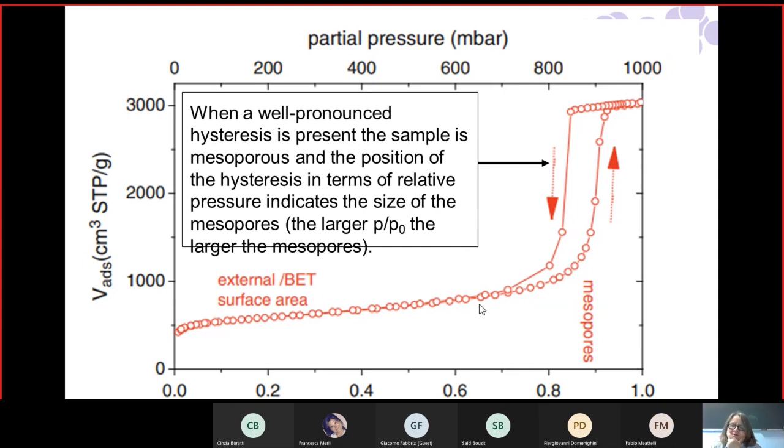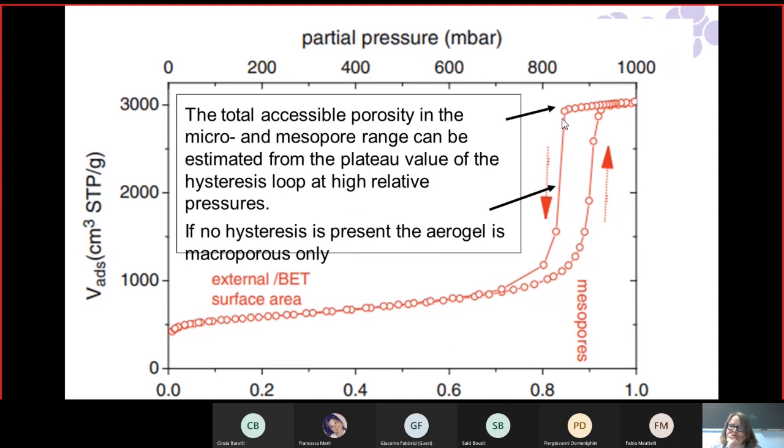So we can tell a lot just by looking at this behavior. And then we can tell something about how high this is. So the total accessible porosity in the micropore and the mesopore range is estimated from how high this is, right? How much gas is adsorbed on that surface is relative to that.